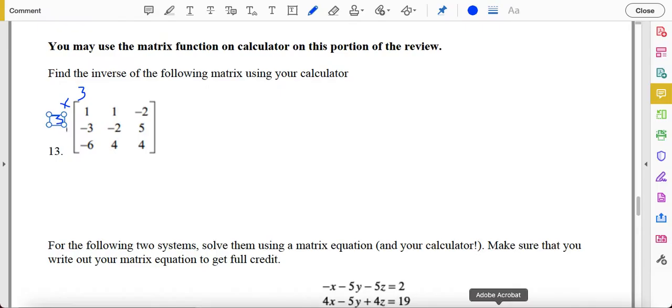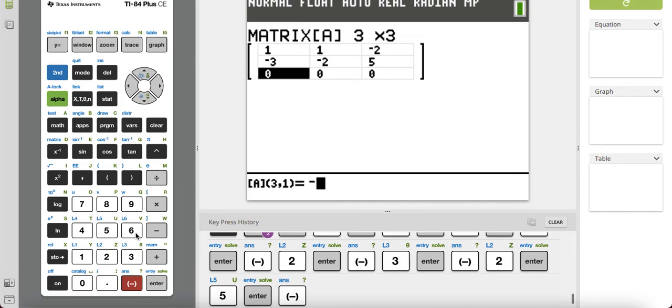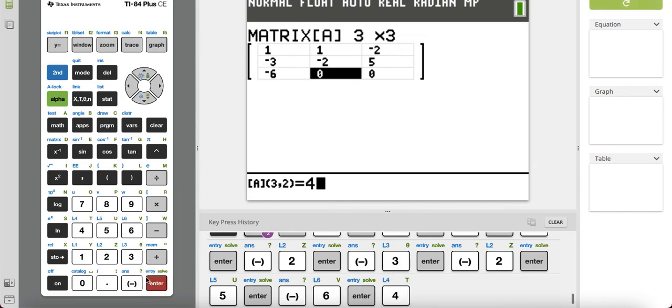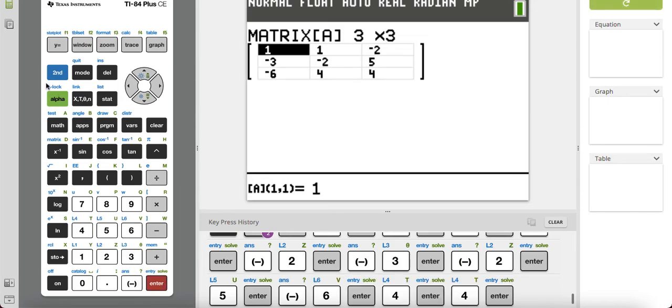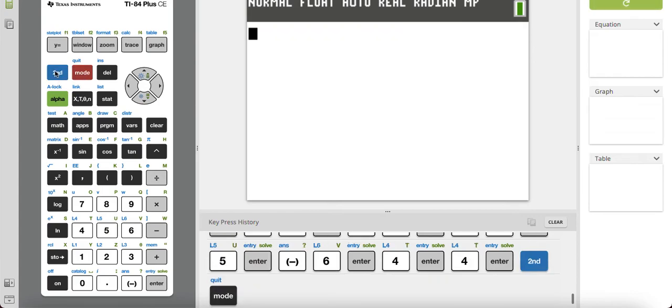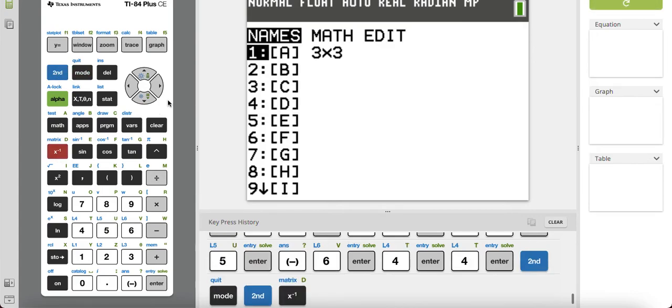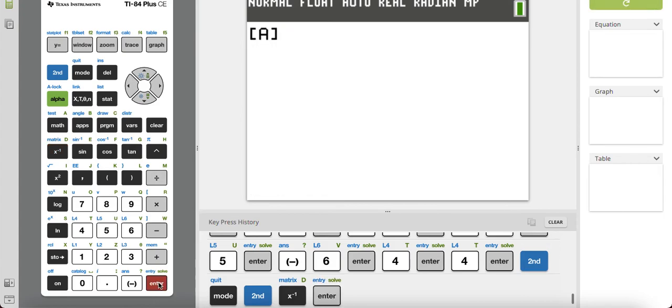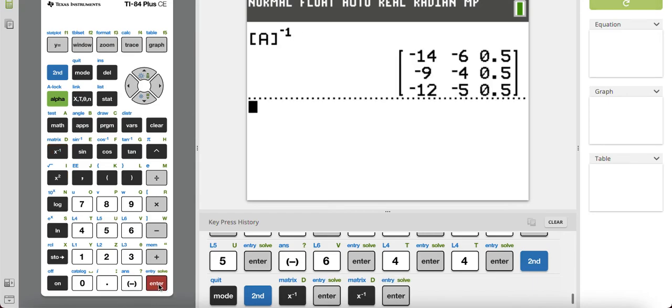And then it finishes up with negative 6, 4, 4. And we name this matrix A, because that's the one we want to use. So to find the inverse of matrix A, we just go to the matrix menu under names, click enter, that brings it down, and then we press the negative 1 button, the negative first power. So there is our inverse right there.